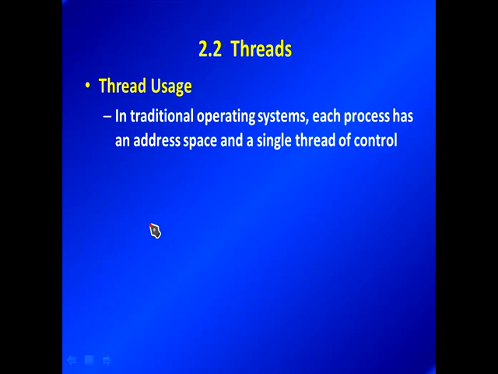However, in nearly all the modern operating systems, they adopt the way to allow a process to own more than one thread. So it means the operating system supports a process to have multiple threads inside.